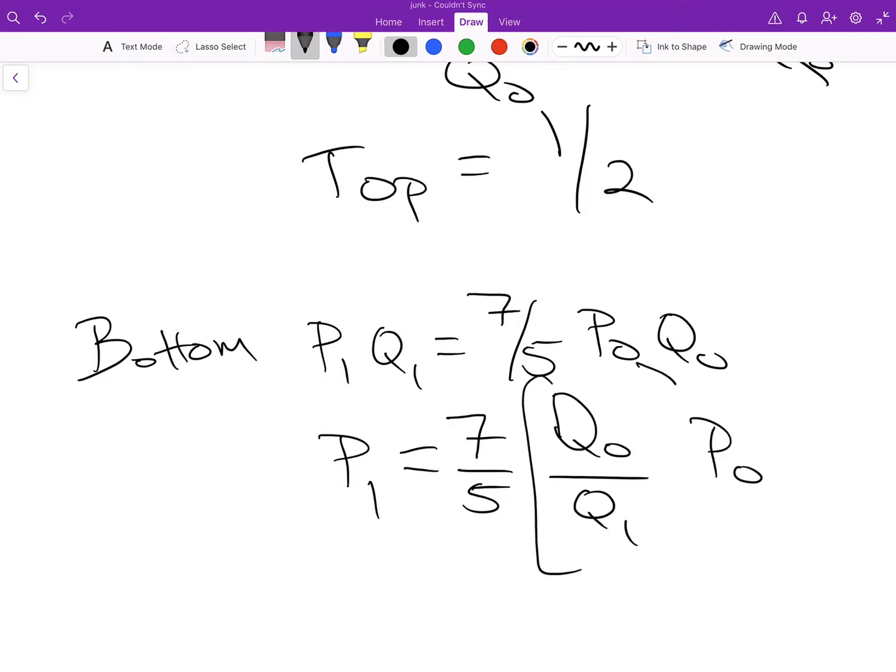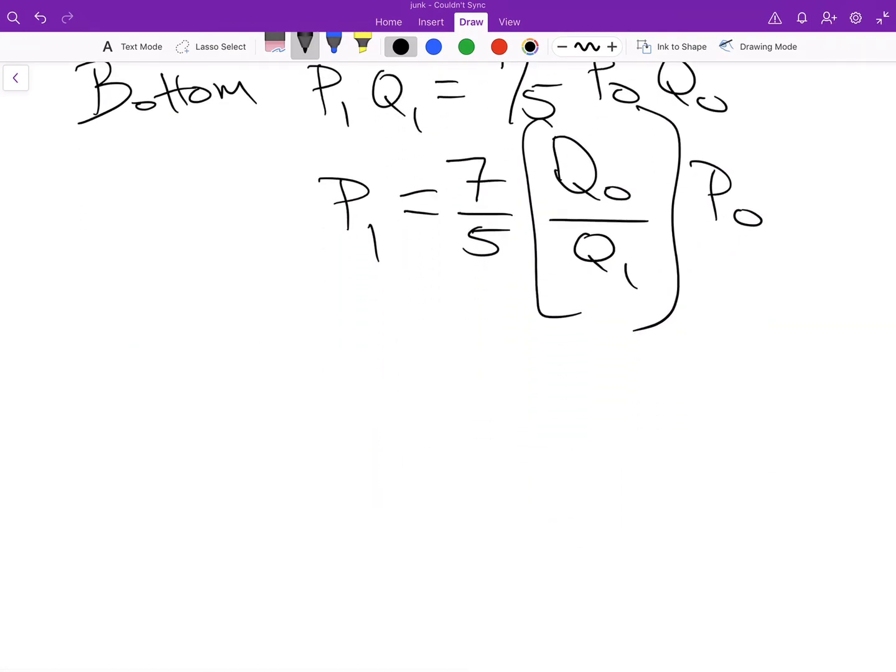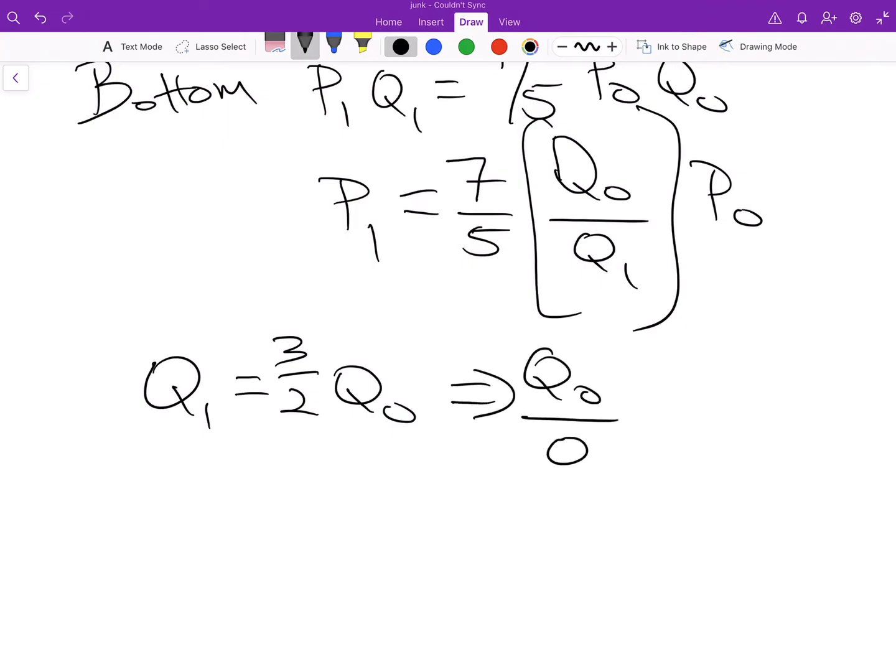Now we actually know what this is from the first part. Remember, Q1 is equal to 3/2 Q0. So flipping everything around, that means we have Q0 over Q1 is equal to 2/3. Okay?